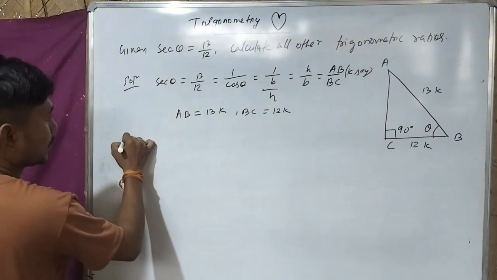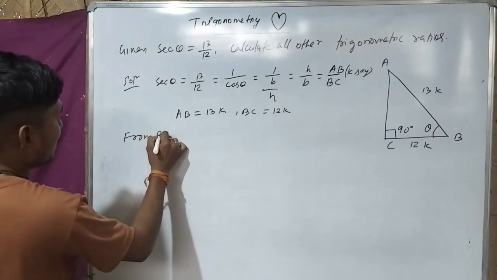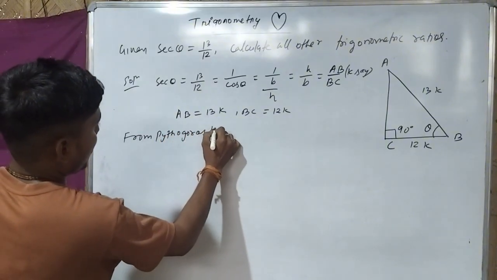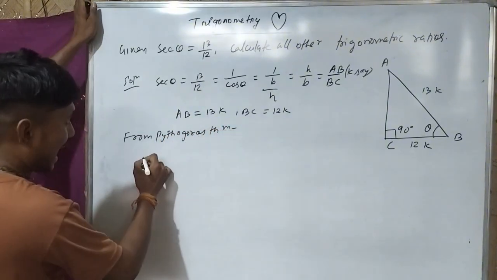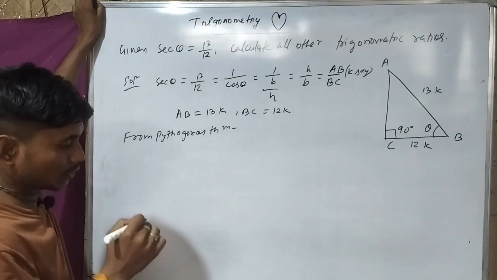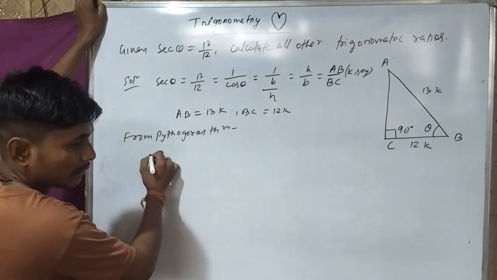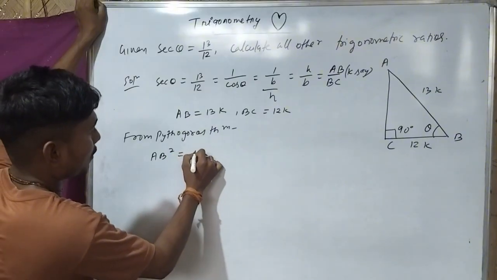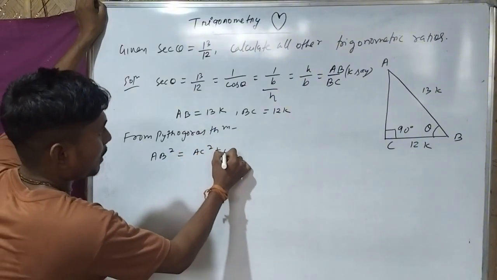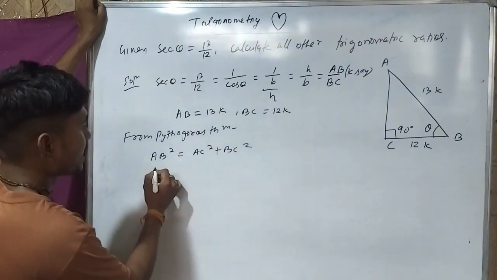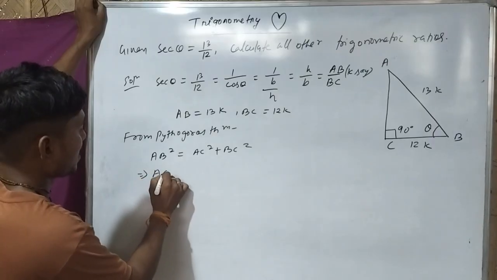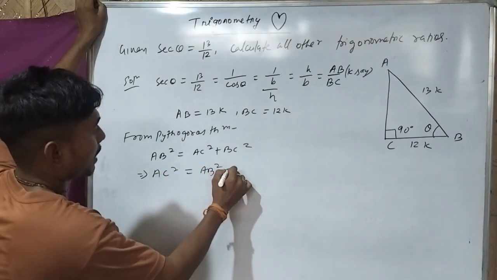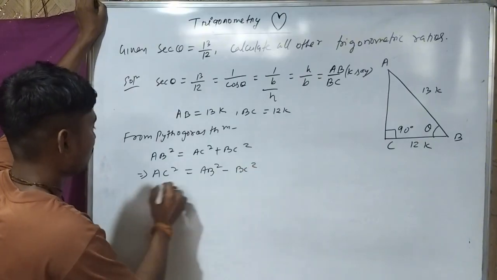From Pythagoras theorem we know, hypotenuse square equal to perpendicular square plus base square. I think you all know, no? So AB square equal to AC square plus BC square. What we need is AC square. AC square equal to AB square minus BC square.